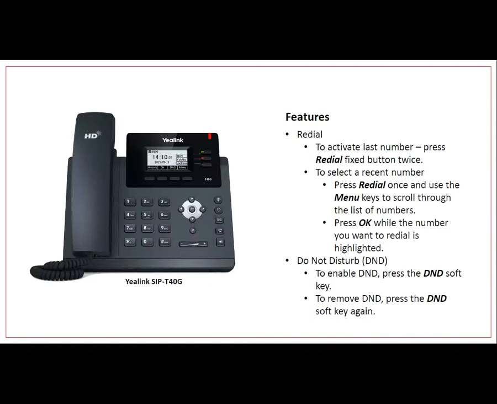If you scroll down on your list for redial and then lift your handset, you can also call the number that's highlighted. If I press the redial once, I would use my navigational keys up, down to go through the list of placed calls, and then press the OK or the send button to call the individual that I would like to return the call to.